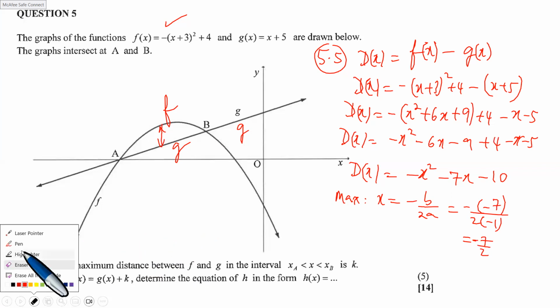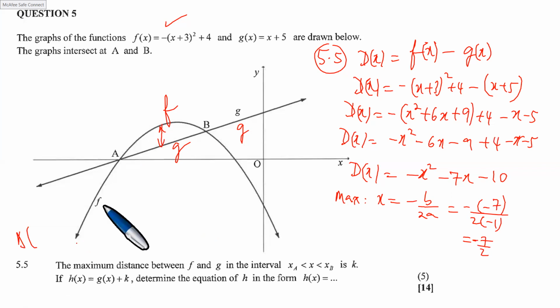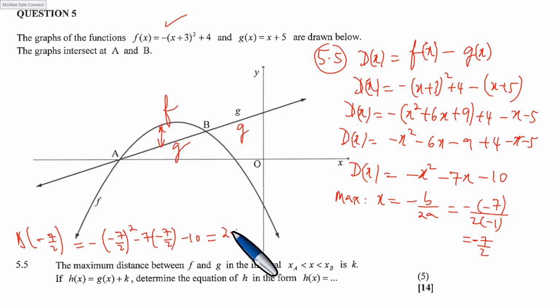So you'd have negative 7 over 2, and this is minus into the x itself, which is minus 7 over 2, which you square, minus 7, the x is minus 7 over 2, and then you have minus 10. If you use your calculator, you realize that this is exactly 2.25.